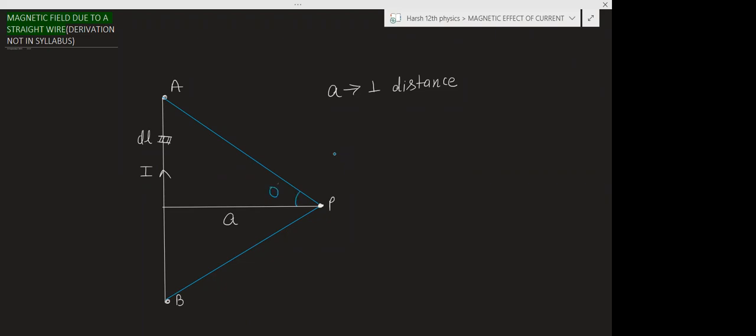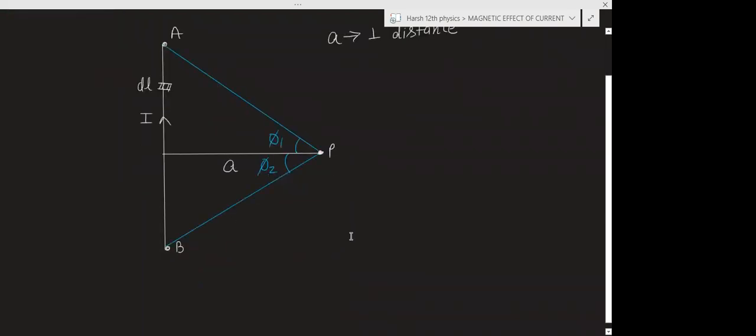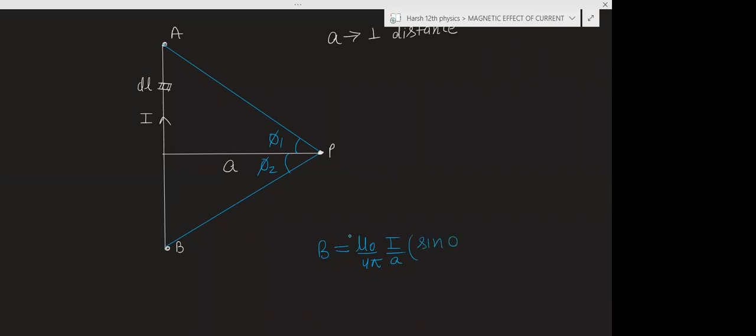Suppose this is making an angle phi 1, and this is making an angle phi 2 with this point P. And this distance is A. Then the magnetic field at this point P is equal to mu naught divided by 4 pi, I by A, times sine of phi 1 plus sine of phi 2.